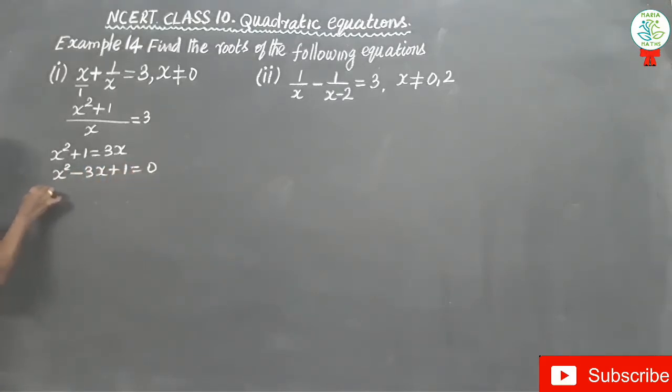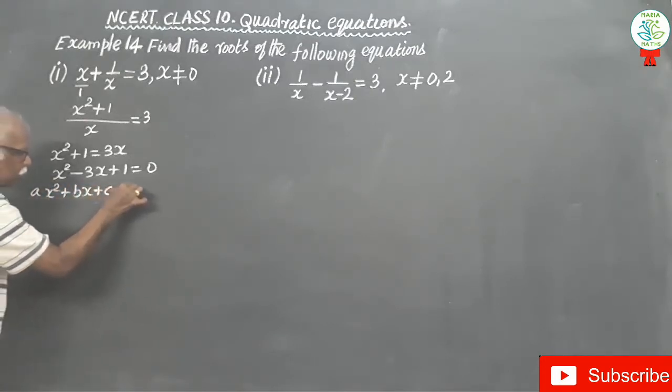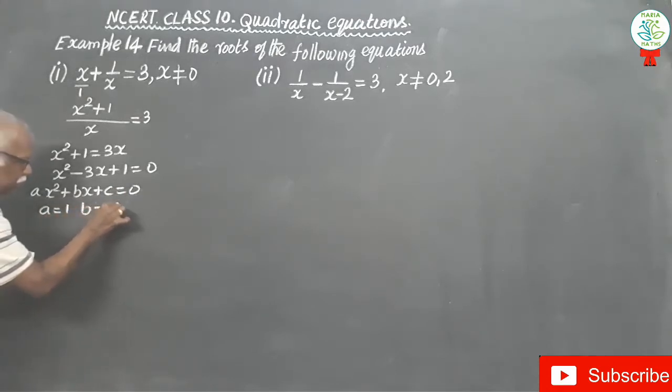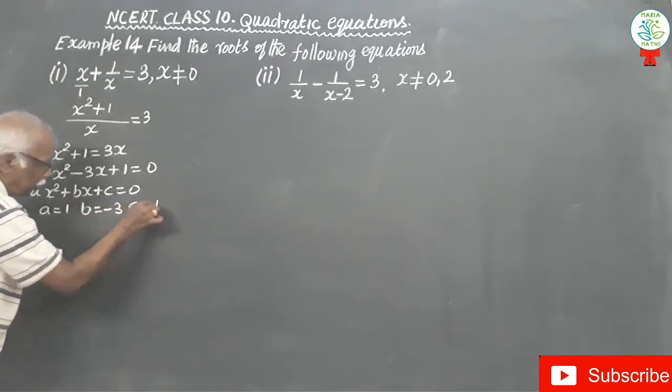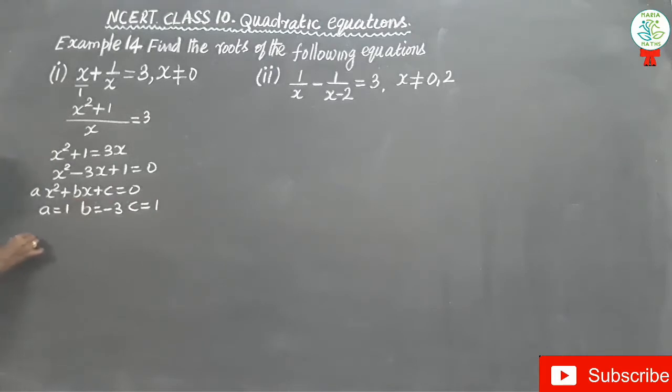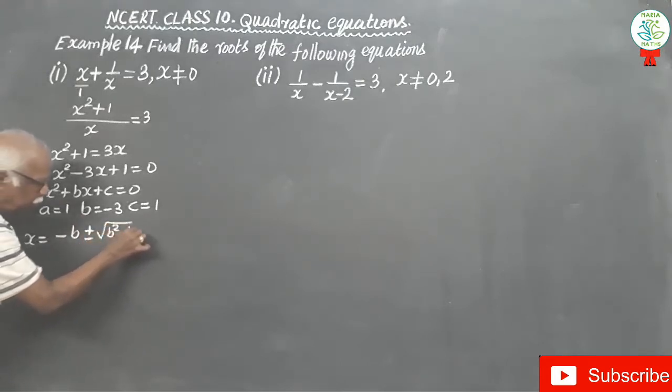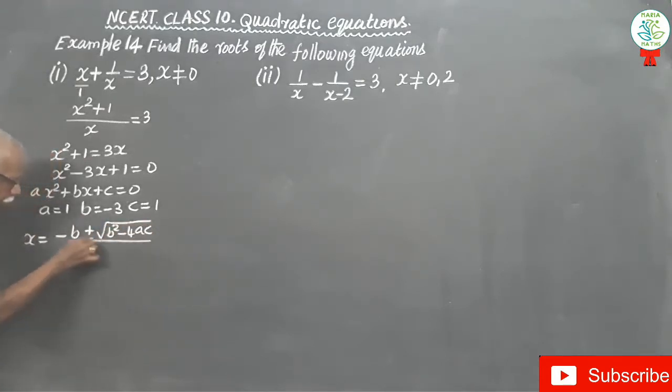Now the standard quadratic equation is ax square plus bx plus c equal to 0. a equal to 1, b equal to minus 3, c equal to 1. Formula: x is equal to minus b plus or minus square root of b square minus 4ac by 2a.